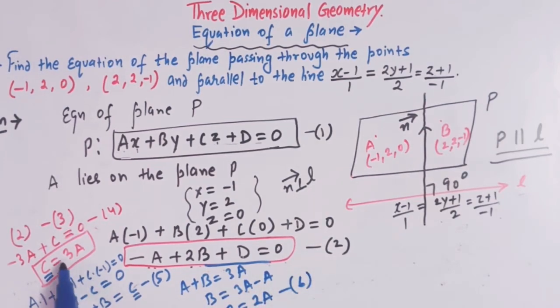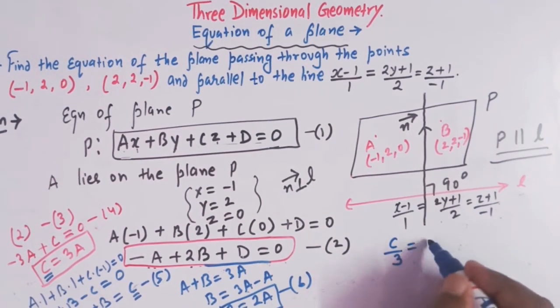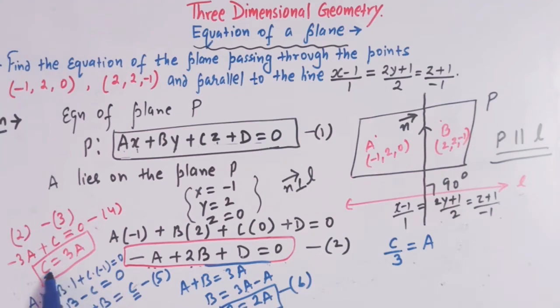So from this equation and from this equation, we see that c is equal to 3a and b is equal to 2a, right? Now from this equation, we can write c over 3 is equal to a, right? And from this equation, we can write b over 2 is equal to a, right?